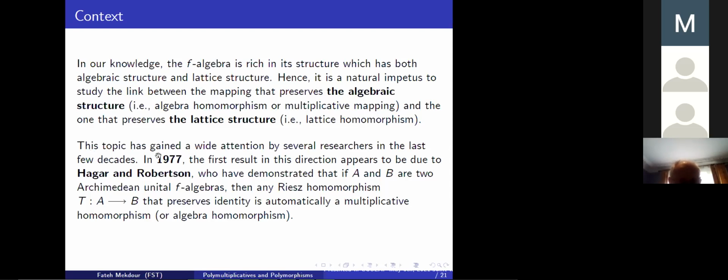This topic has gained wide attention by several researchers in the last few decades, such that in 1977, the first result in this direction appears to be due to Hager and Robertson, who demonstrated that if A and B are two Archimedean unital algebras, then any Riesz homomorphism T between A and B that preserves identity is automatically a multiplicative homomorphism.